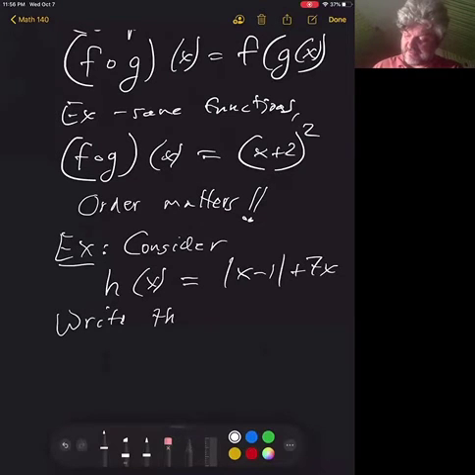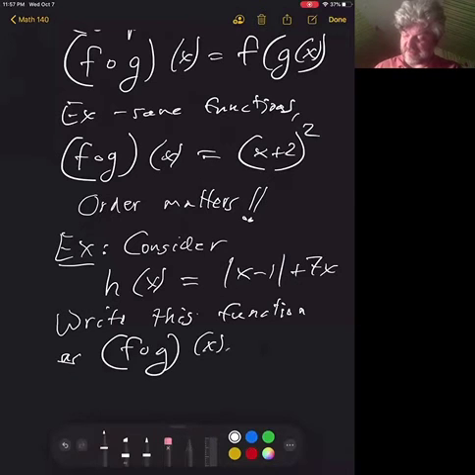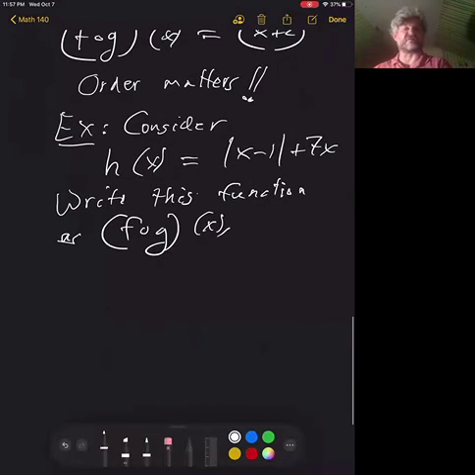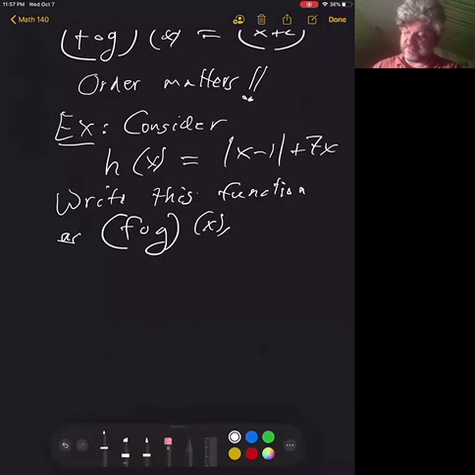Write this function as f after g of x. And there's many possible answers to do this, but I'm going to show you two.